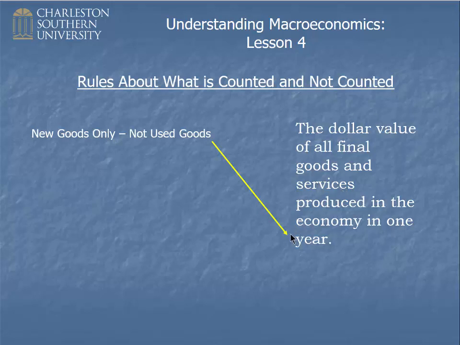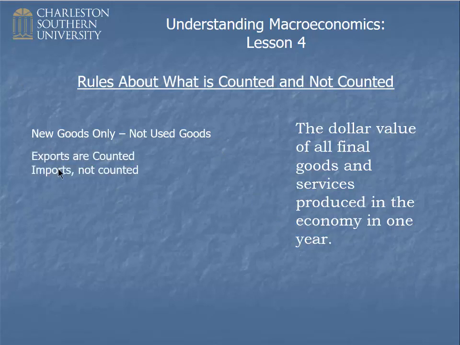But the actual cost of the car, the $10,000, is not counted because it was counted years ago when it was new. All right, so new goods are counted, used goods are not, except if there's any service provided in the transaction of the good. All right?